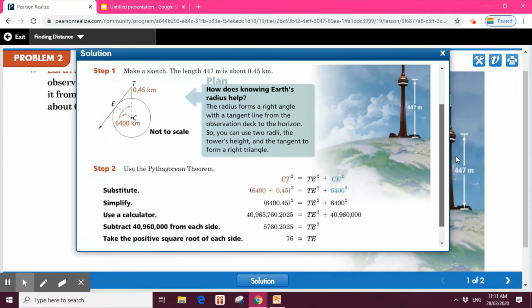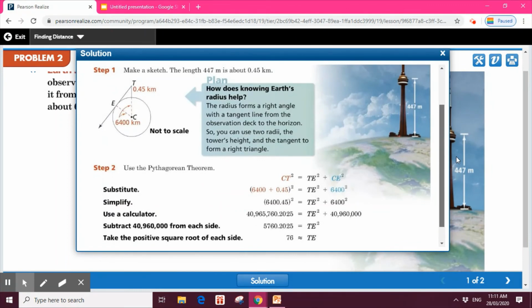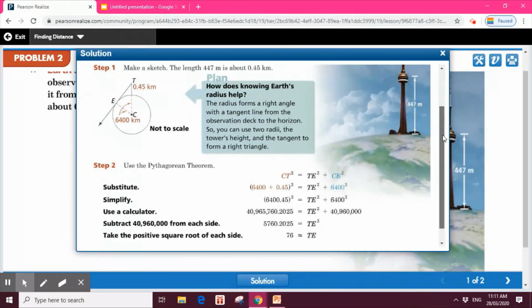Next, substitute. So we have 6,400 plus 0.45 raised to 2, and that is equal to line segment TE squared, which is unknown, plus 6,400 squared.